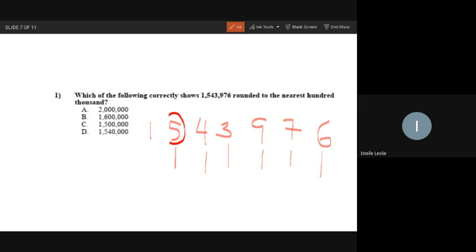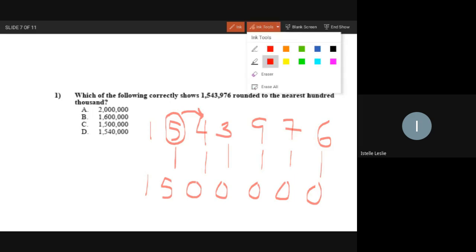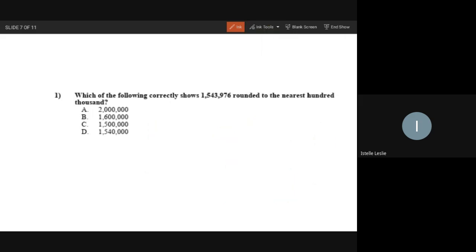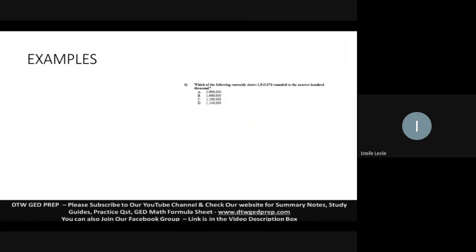So this is the digit in the 100,000 position. So we check the number to the right. Of course, it's not 5 or above. So we have 1, 5, and then replace the others with 0, 0. So we are all correct, yes. So thank you. So others, I would also love to see your answer. You can send it as a message.